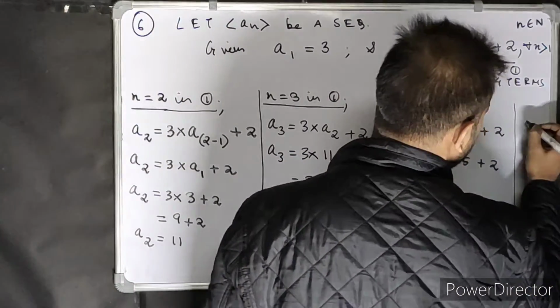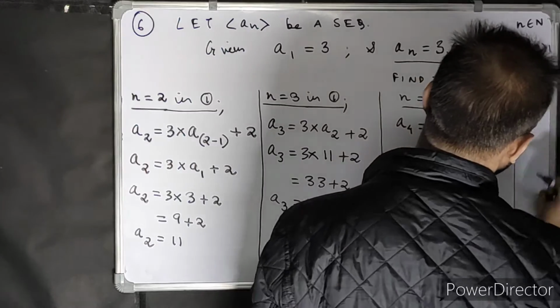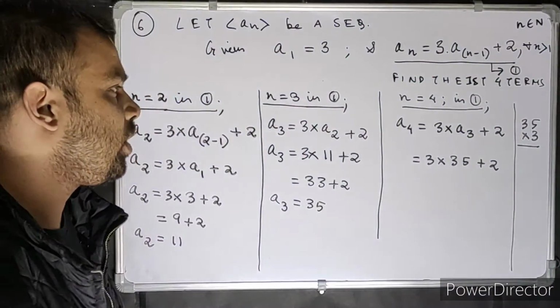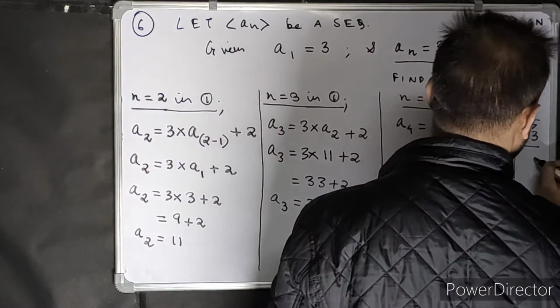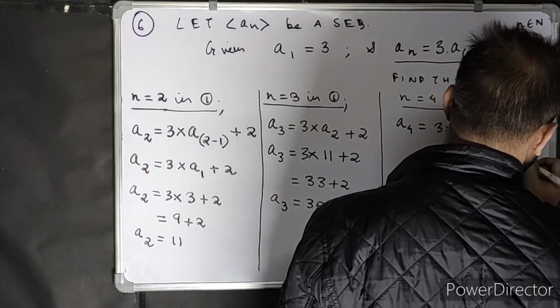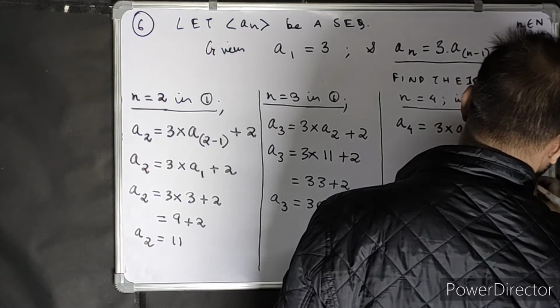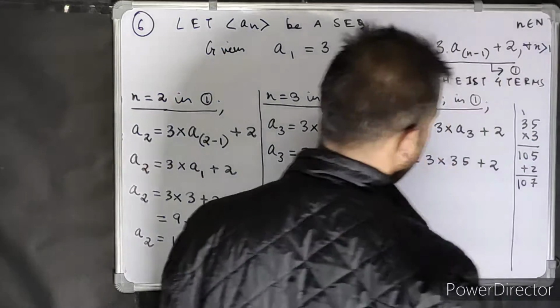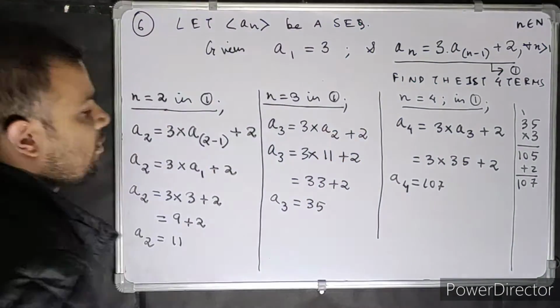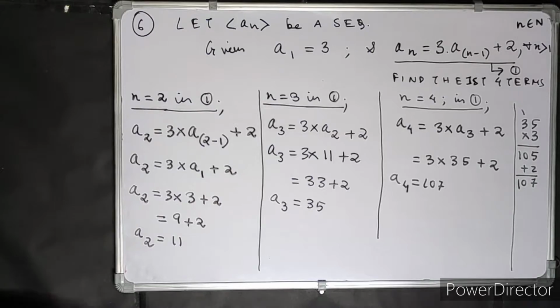Start multiplying, because CBSE students in class 11, sorry to tell you, you're not allowed to use a calculator, even in 12 also not allowed. 5 threes are 15, 3 threes are 9 plus 1 is 10, plus 2, that is 107. It's the fourth term. So you've got 4 terms.